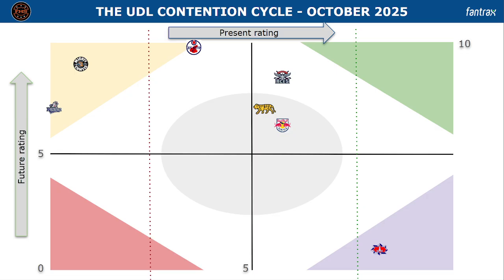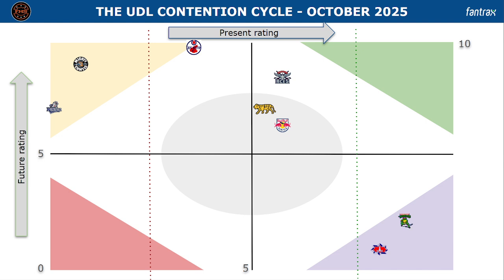So not falling really deep in the present rating, so not going full rebuild. So Cam will probably want to jump right back up after a few seasons, but he's right about average now.